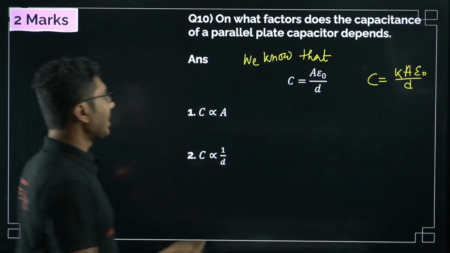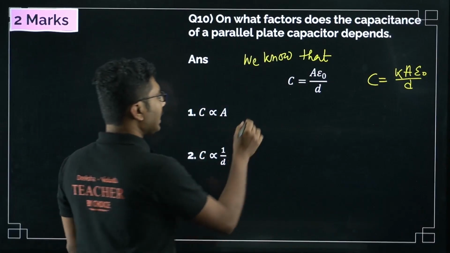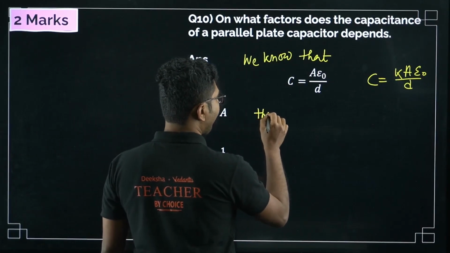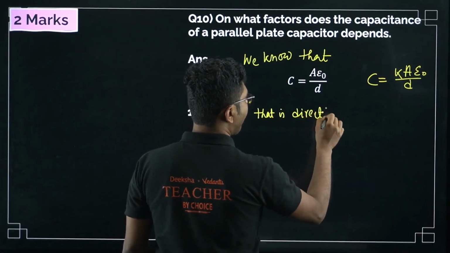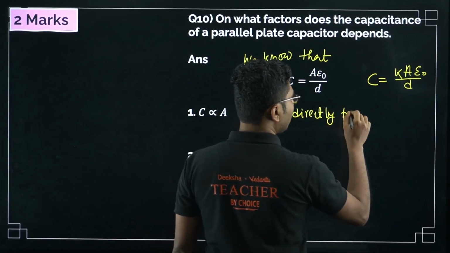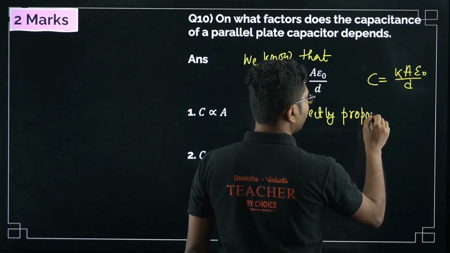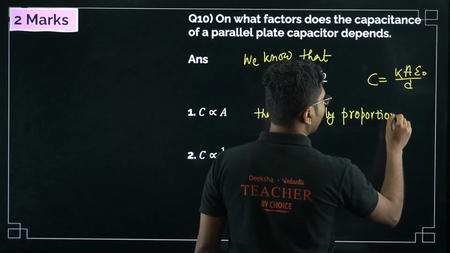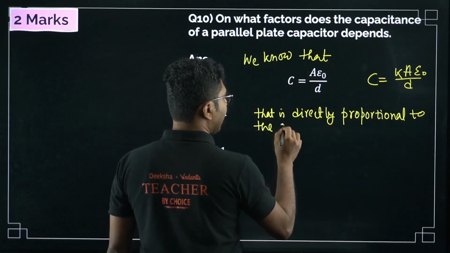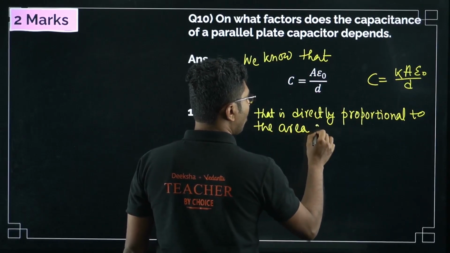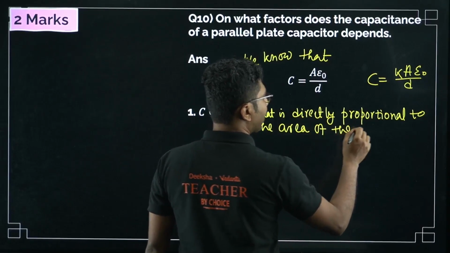From there we can see that C is directly proportional to A, the area of the capacitor plates.